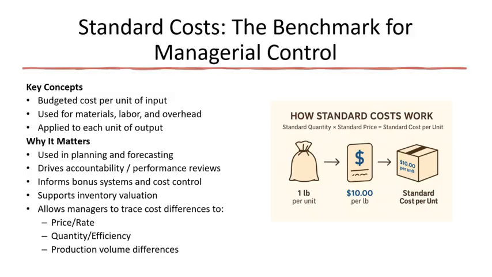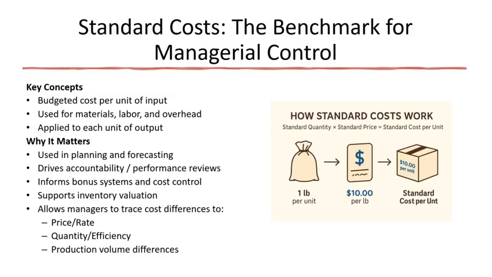Now, here's why this matters. These standard costs are built into budgets and forecasts, performance evaluations, bonus systems, and even inventory valuation and cost accounting systems. And more importantly, for our purposes, they allow us to compare what actually happened to what should have happened based on actual production volume.